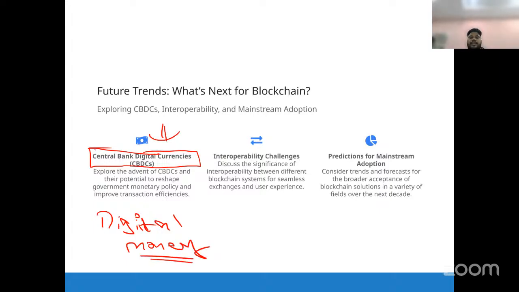So imagine a country like the USA issuing a digital dollar. Instead of using physical cash, people could use the digital dollar for transactions directly from their smartphones. Like today, how India has moved to the digital world. Wherever you go, you don't always need to have cash in your purse. You can just take your phone, GPay, scan, and pay directly.